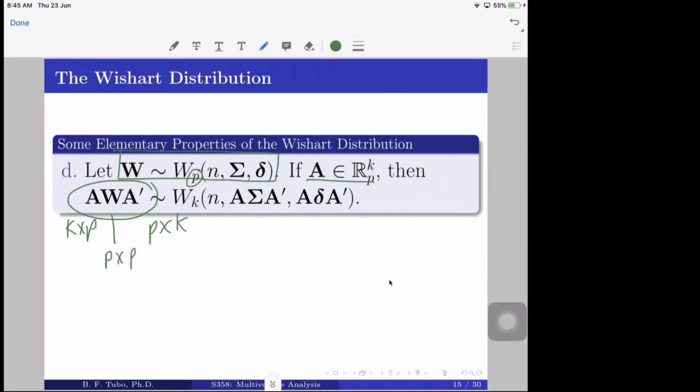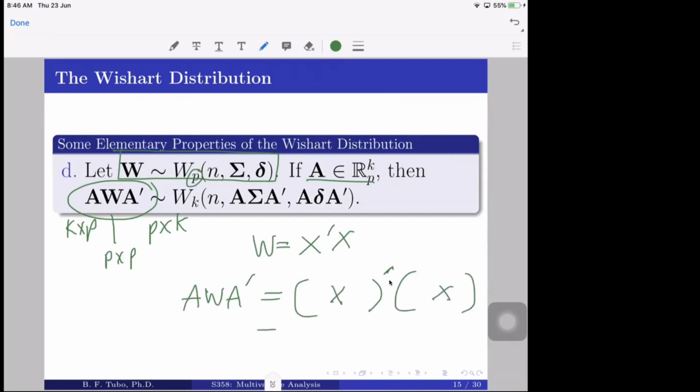So this is conformable. So again, ang among W is x prime x. So ang imong gusto is AWA prime. So unsa kay times ana as a function of x na mugawas AWA prime.